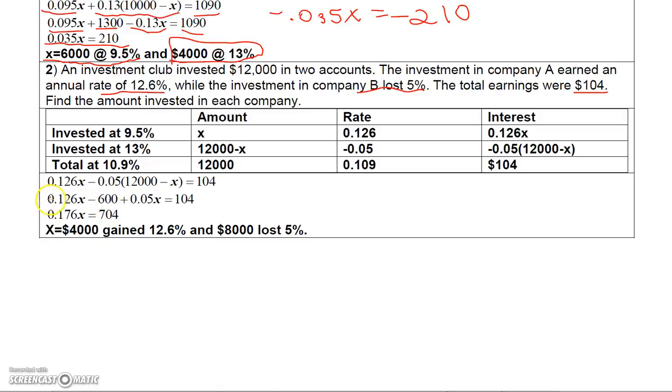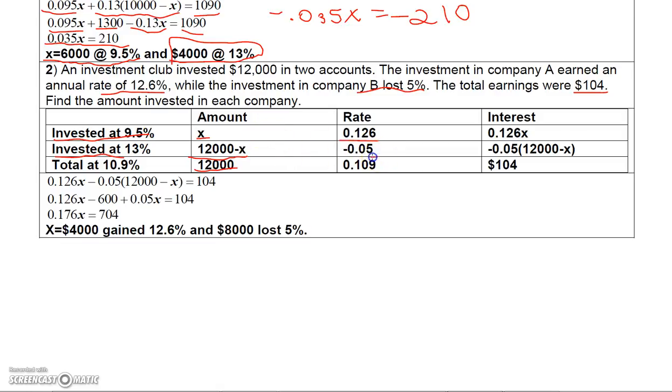So we're going to do it very similar to what we did the first problem. We have an amount invested at 12.6%, we'll call that x. We have an amount invested at the other rate, we'll call that 12,000 minus x, because we know the total amount invested is 12,000. We know the rate we earned was 12.6%, and in decimal that's 0.126.